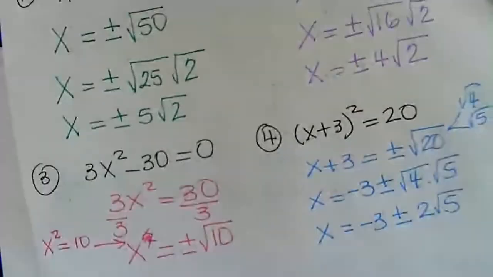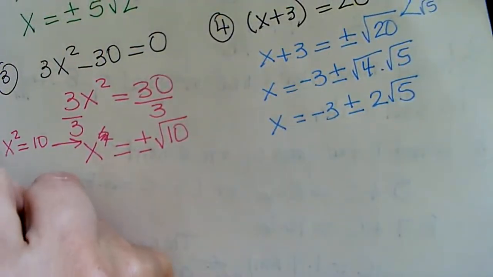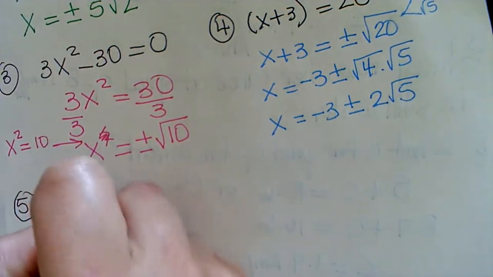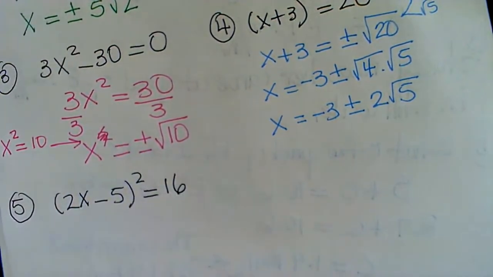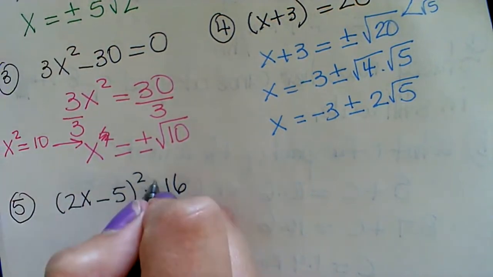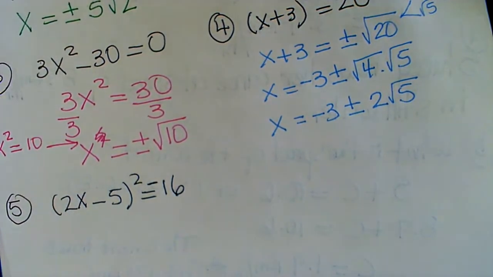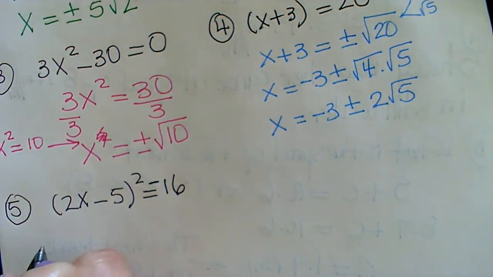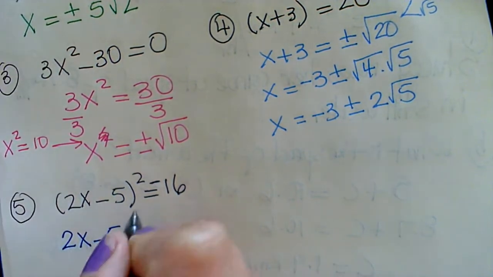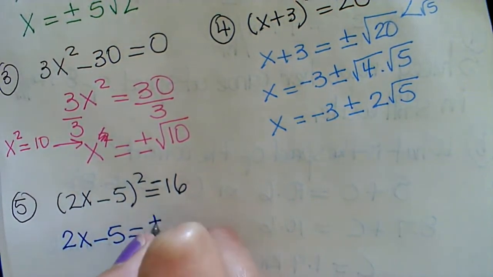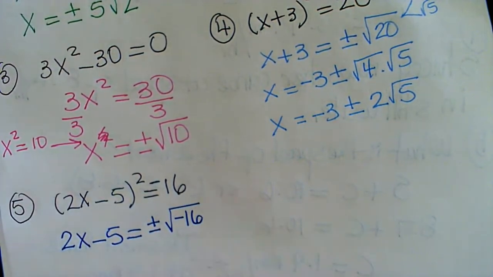Okay, now number 5: 2x minus 5 squared is equal to negative 16. That's different. Now, so 2x minus 5 is equal to what? Plus and minus the square root of negative 16.